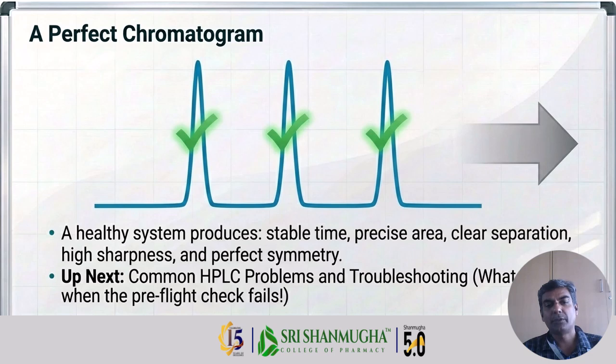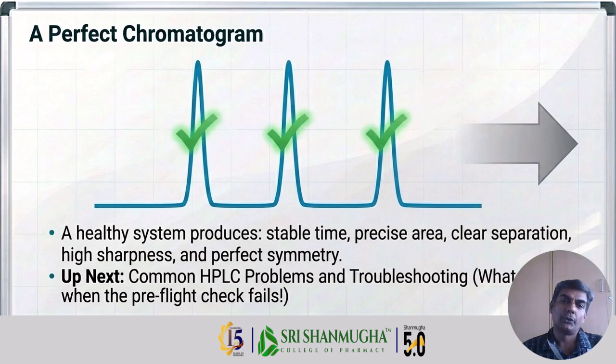You can see a perfect chromatogram shows everything working correctly. Stable retention times, accurate peak areas, clear separation, sharp peaks and perfect symmetry. When you see this kind of chromatogram, it means your system is healthy and your results can be trusted.